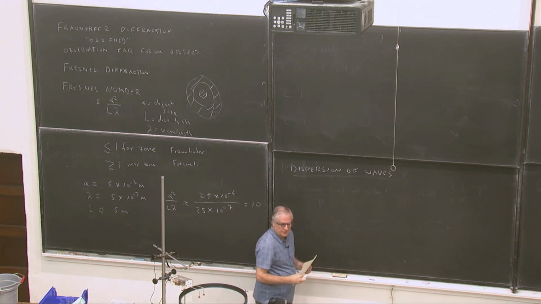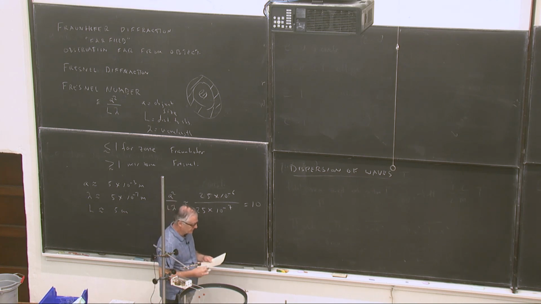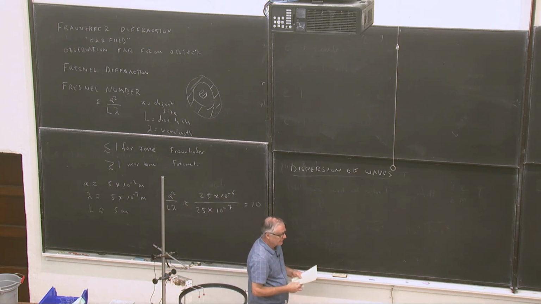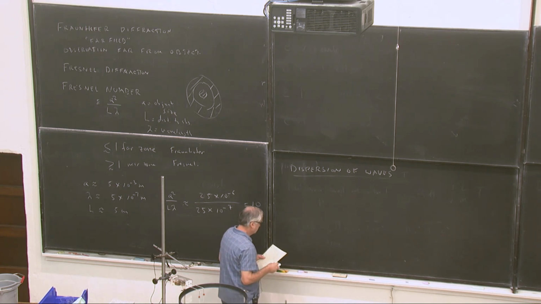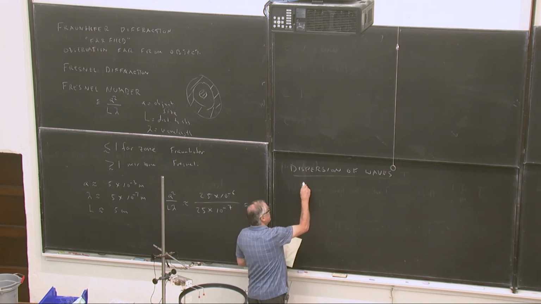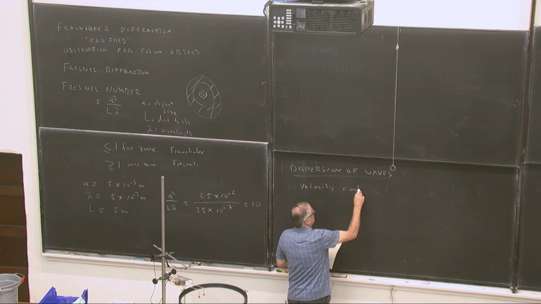So this is our last big topic, but it's a very important one. We have dispersion of waves all around us. We've seen the example of dispersion in the prism. So the velocity of a wave could depend on frequency.